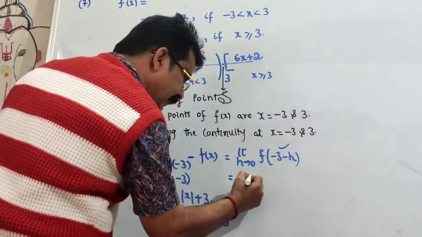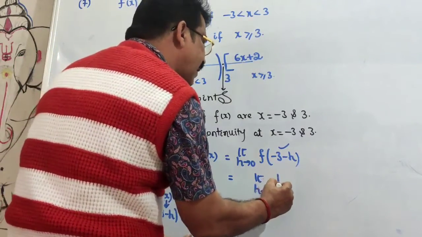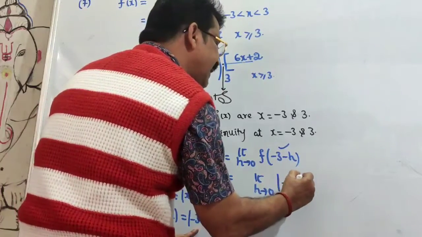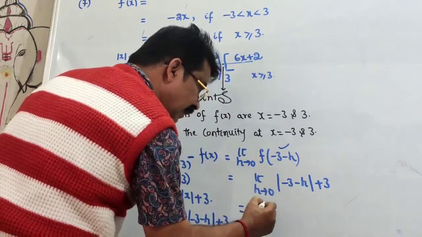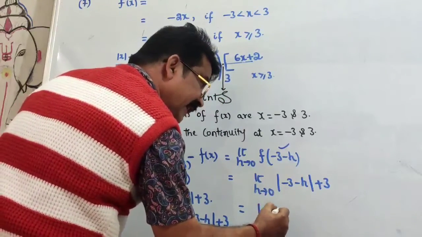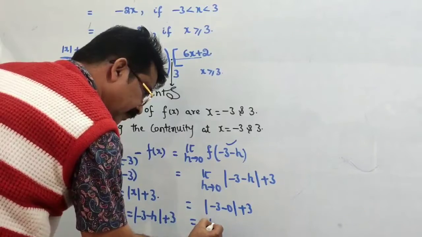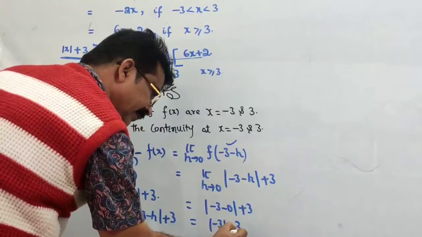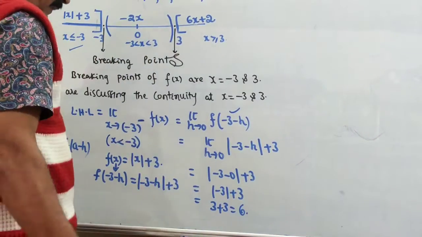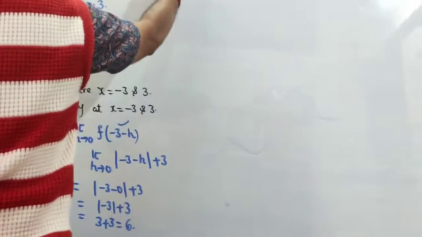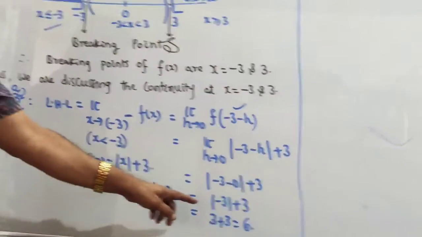So that is equal to limit h tends to 0 of modulus of minus 3 minus h plus 3, that is equal to modulus of minus 3 minus 0 plus 3, that is modulus of minus 3 plus 3, that is modulus of minus 6, which is 6. So therefore the left hand limit at x equal to minus 3 is 6.